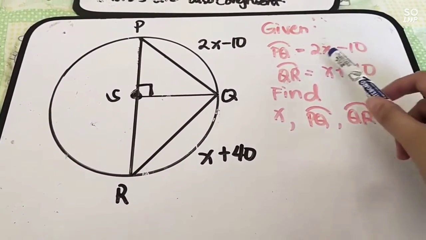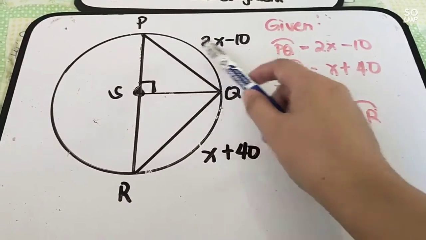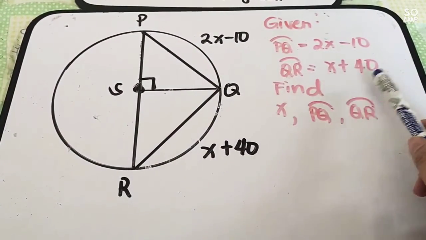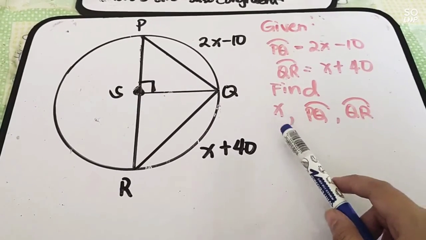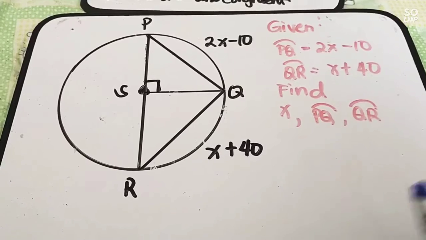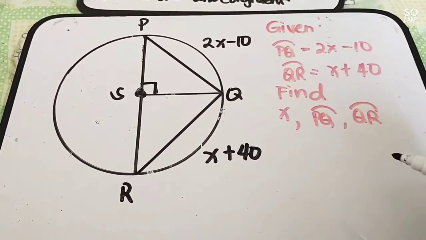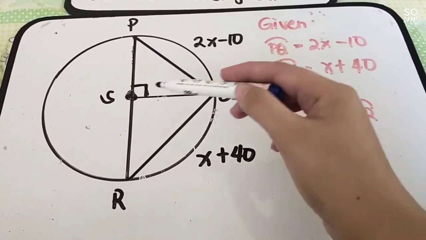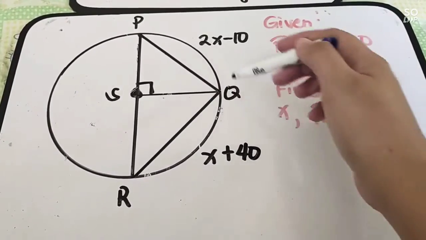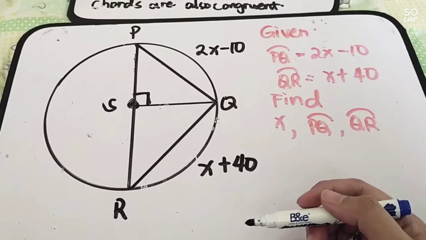Let's have this figure. We have a given of arc PQ is 2x minus 10, and arc QR is equal to x plus 40. Let us find x, arc PQ, and arc QR. It says, as said earlier, if we have congruent central angles, therefore, the arcs are also congruent.